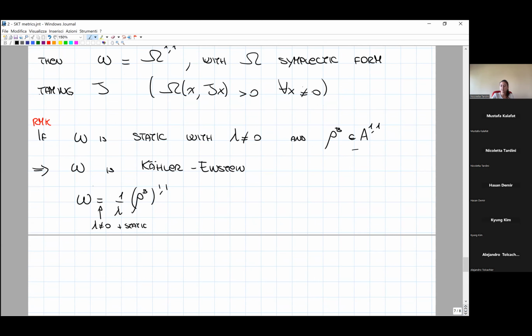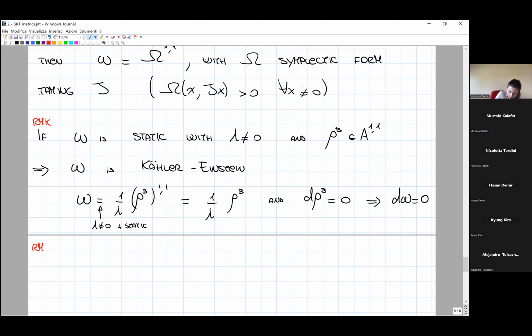But if you know already that your form is of type 1,1, this is 1 over lambda of rho B. And the Ricci form of the Bismut connection can be proved to be always closed. So this means that if lambda is non-zero, you can do this, and so d omega is 0. So omega is Kähler, and in particular, it's Einstein because it satisfies the static condition, and so it is Kähler-Einstein. Okay.